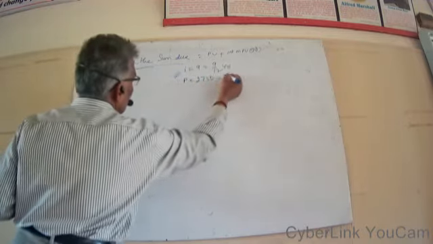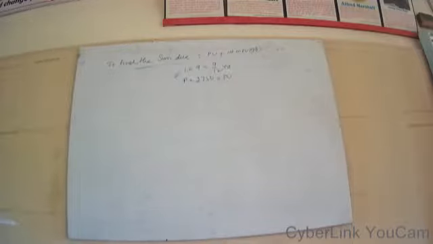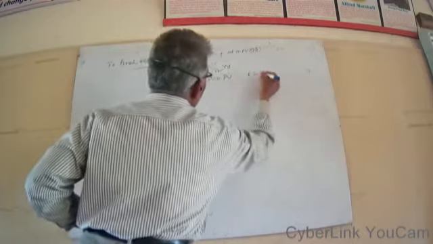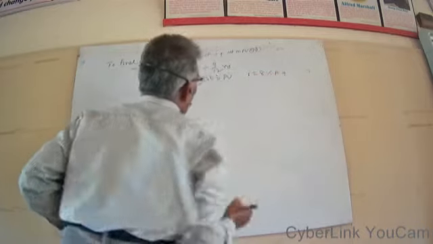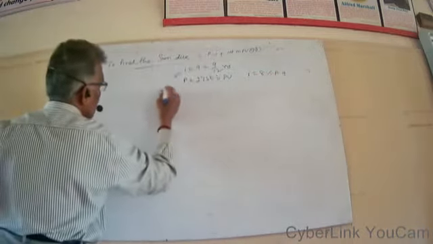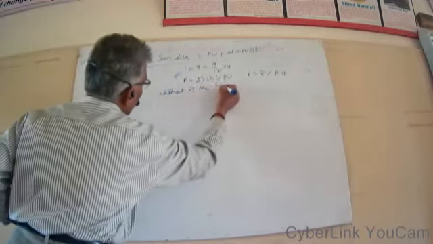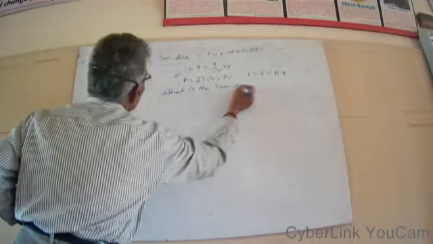This is the present value. At 8% PA, what is the sum due? Sum due equals present value plus interest on present value, that is true discount.